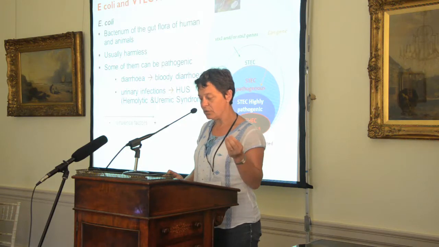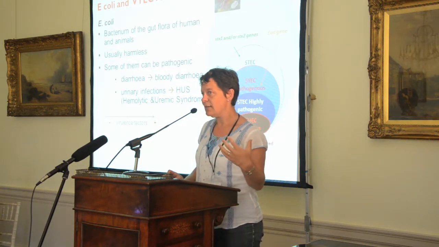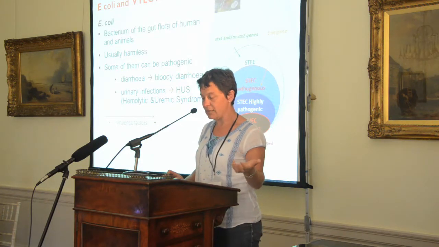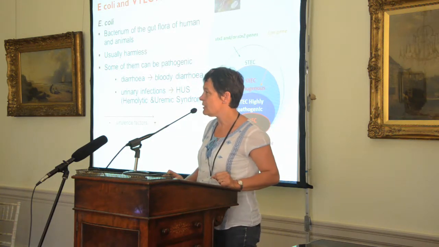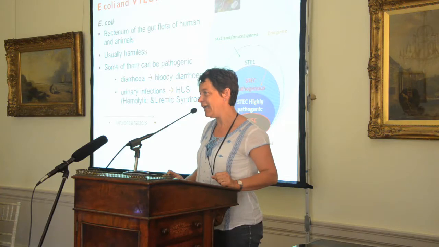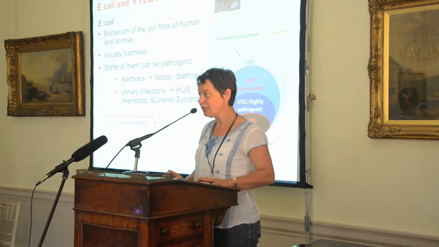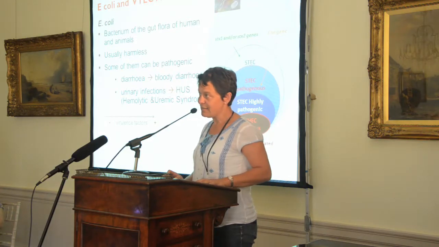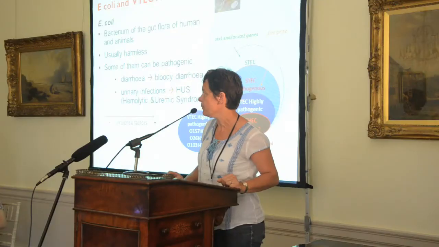But among them, you've got some having other genes, and then you're going towards more and more dangerous bacteria. We consider some of them highly pathogenic, the most pathogenic STEC, and they belong to different serotypes, and there are only a few of them, but I will explain that a little further.